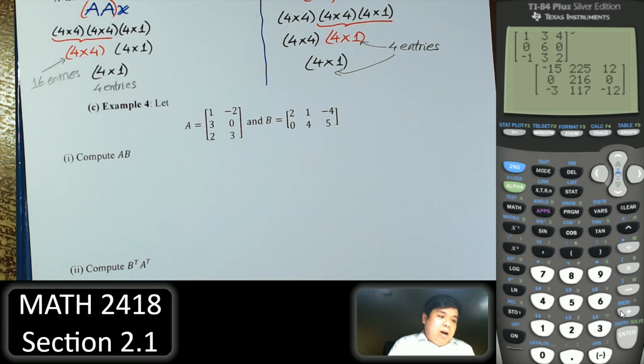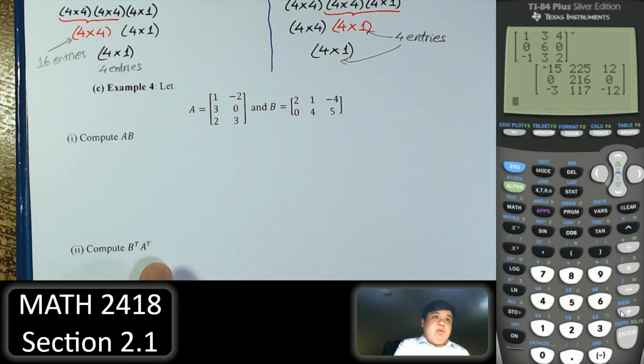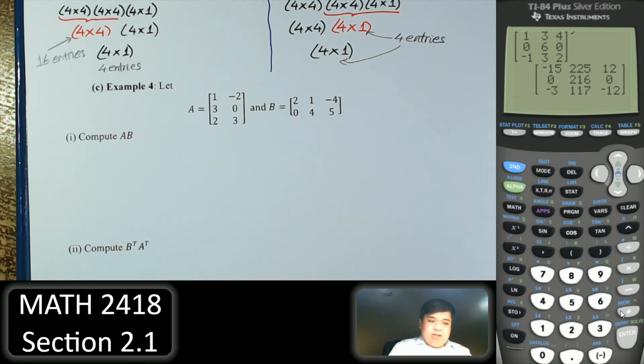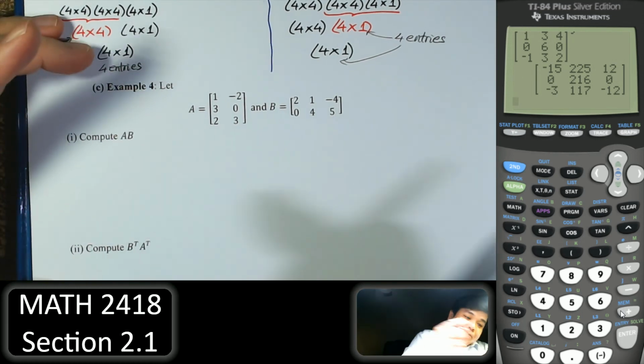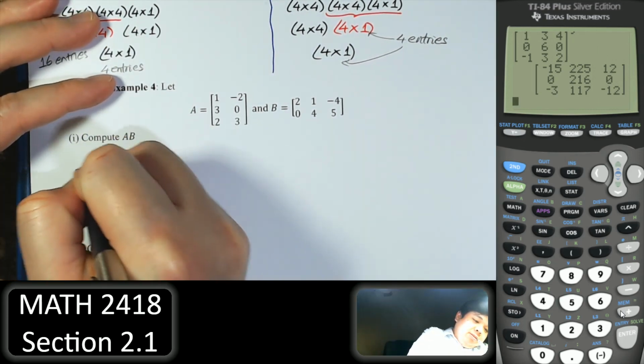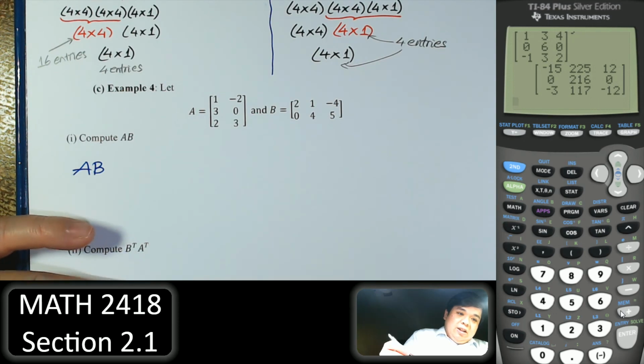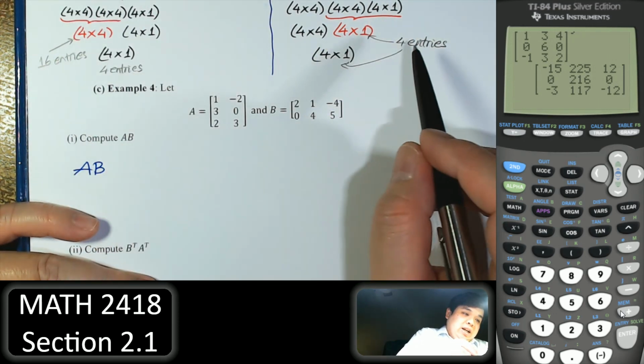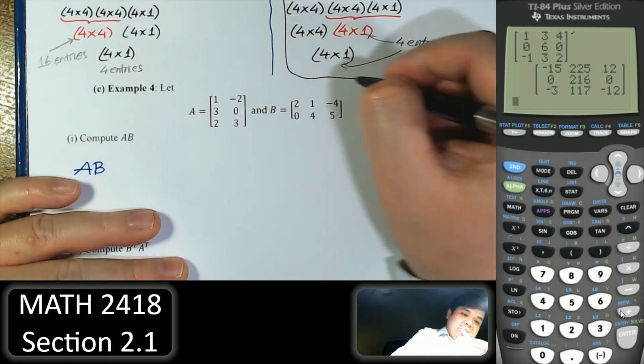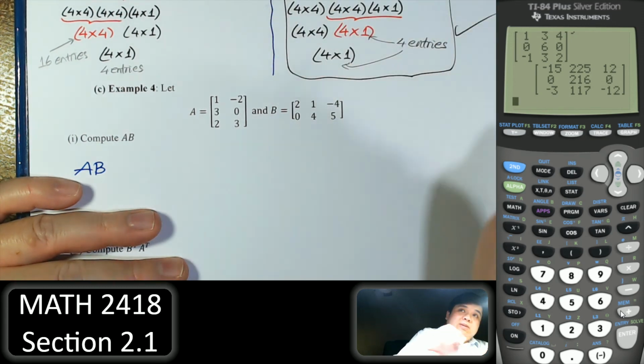Alright, now let A be that and B be that matrix. Now multiply them and then compute B transpose A transpose. So simple enough, good practice. Of course we go with this, this is better.